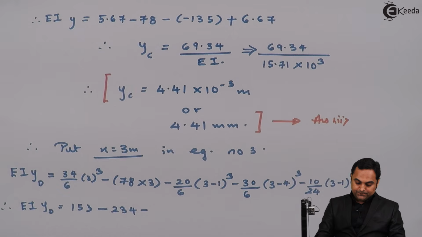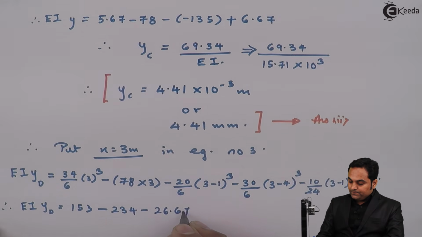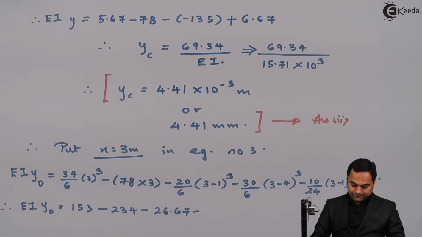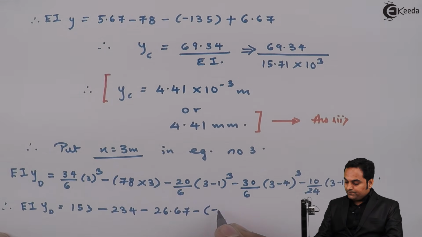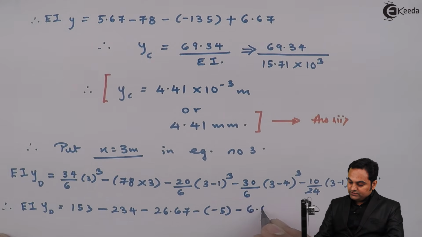So 2 cube into 20 divided by 6, we have 26.67, minus 3 minus 4, which is minus 1, cube, which is again minus 1, into 30 divided by 6, so that is minus 5. Then minus 3 minus 1 raised to the power 4, that is 2 raised to power 4, into 10 divided by 24, so that is 6.67.